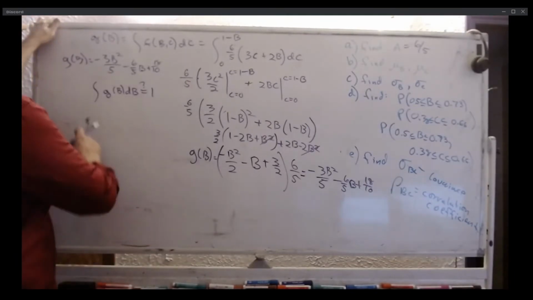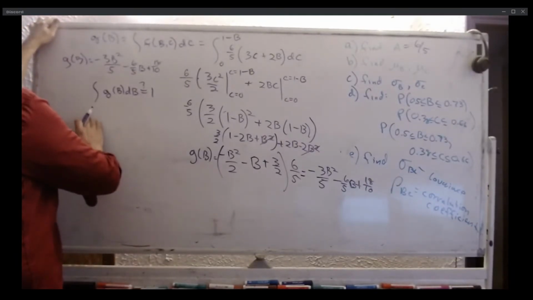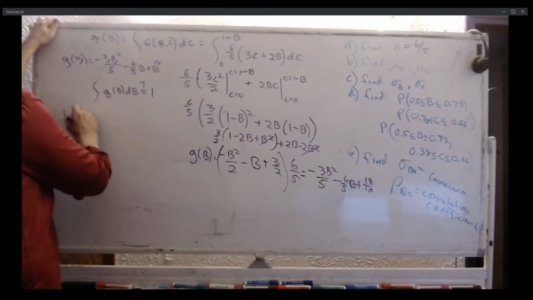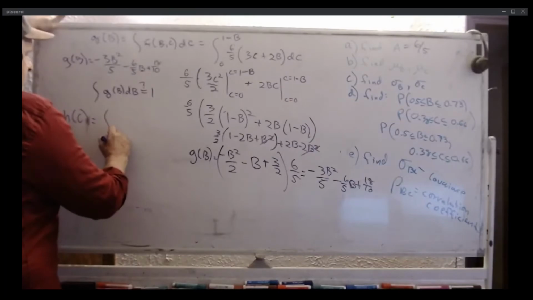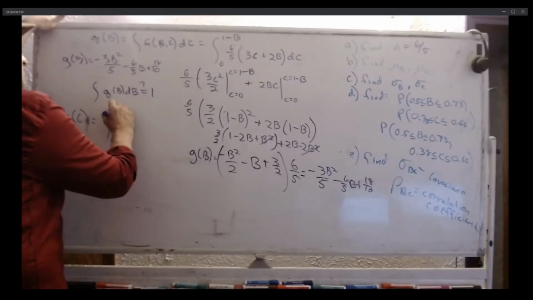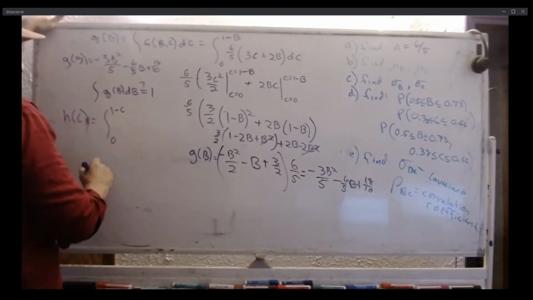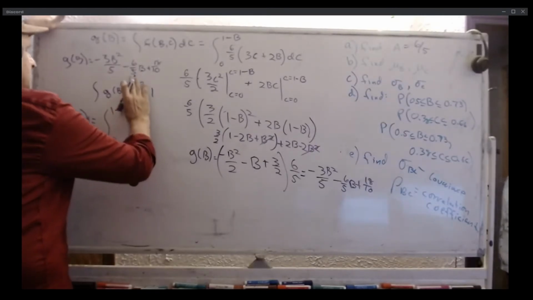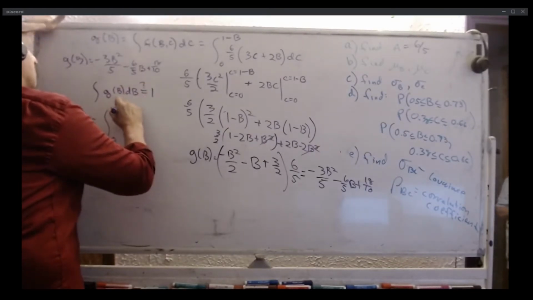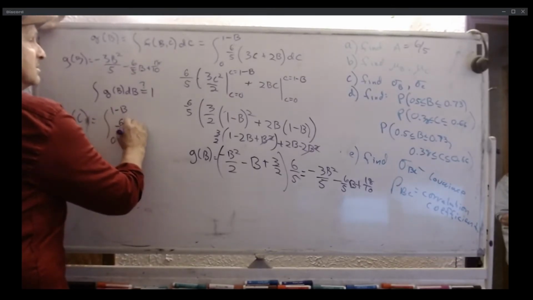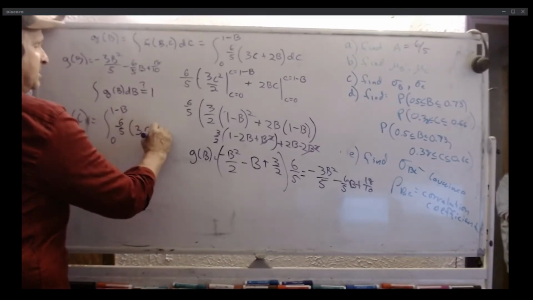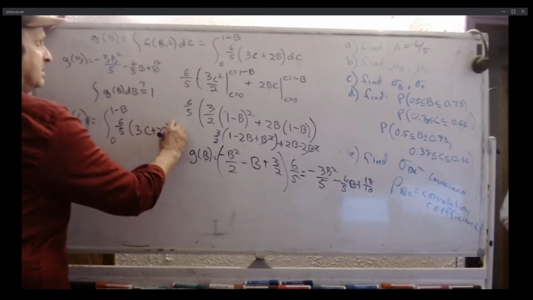Ready for H of C, guys? H of C. Same process. Not 1 minus B. Not 1 minus C. It's 1 minus B, isn't it, guys? 6/5, 3C plus 2B dB, right?